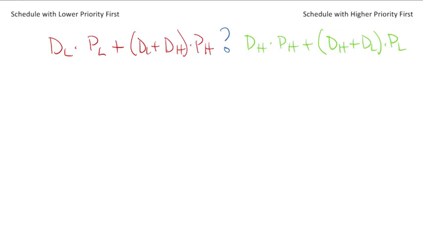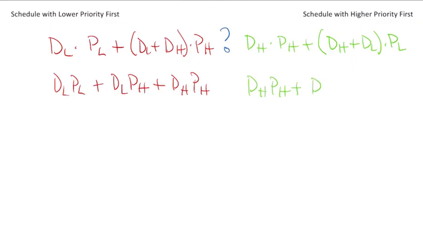Well, let's distribute this through. So over on the right hand side we have DL PL plus DL PH plus DH PH. My handwriting is getting worse, I can tell. And again, we're still trying to figure out which one is the better of these two sides.